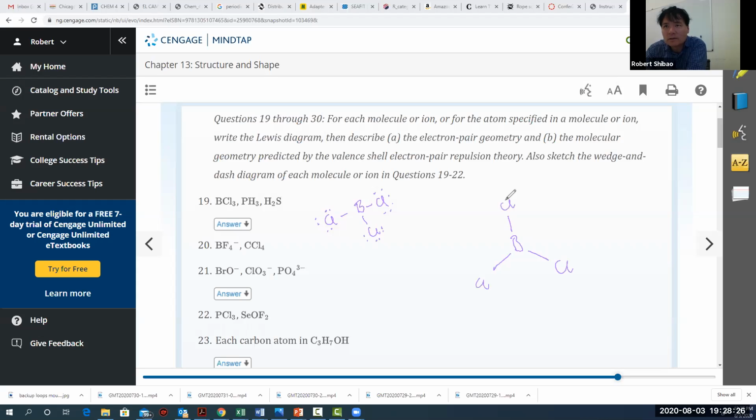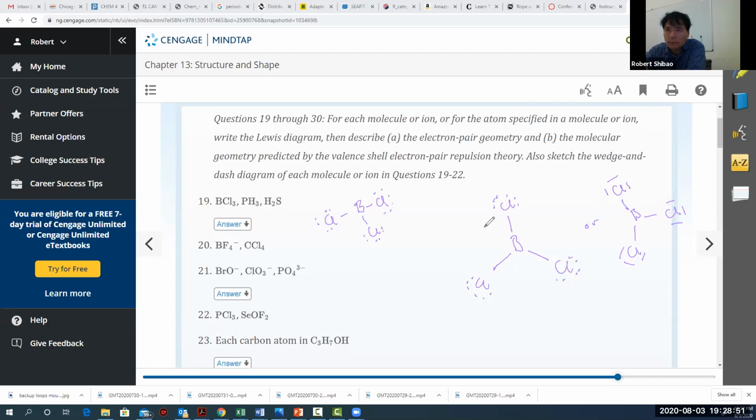And we end up with this. We could use lines to represent the lone pair as well, and a lot of people do this to save time writing. Each line represents 2 electrons. Like that.